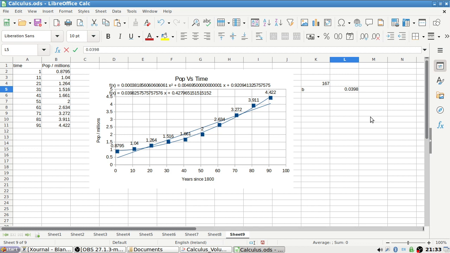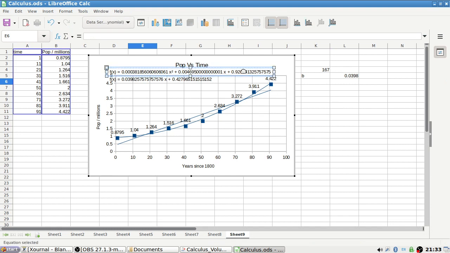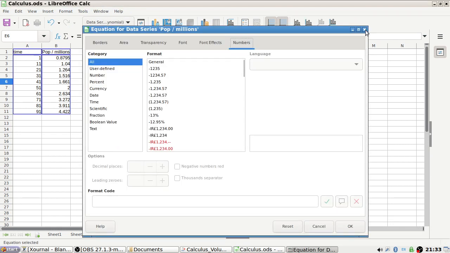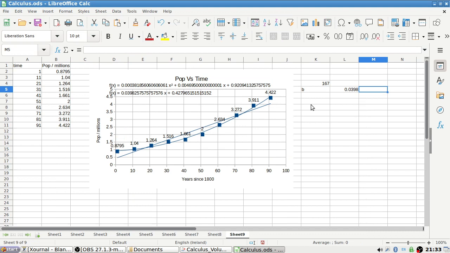I won't write the full number down. This is a little bit too big. Can I edit it? I can just move it around. Okay, I'll just write a few digits down. And that means the population is growing. So this is the rate of growth per year in millions.